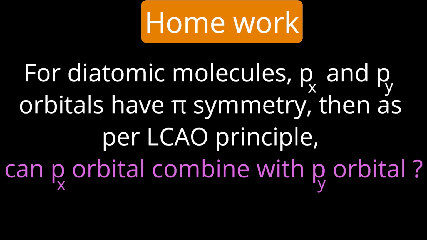So these px and py of these two atoms, can they combine to produce molecular orbitals? Is my question. For diatomic molecules, px and py have pi symmetry. Then as per the LCAO principle, can the px orbital combine with the py orbital to produce a molecular orbital? Answer yes or no. I hope the question is clear.